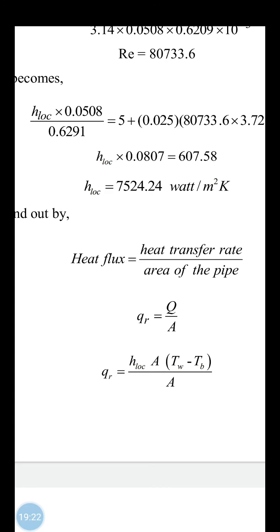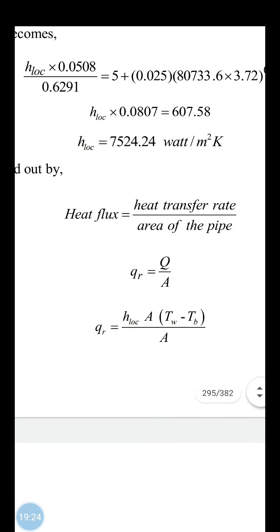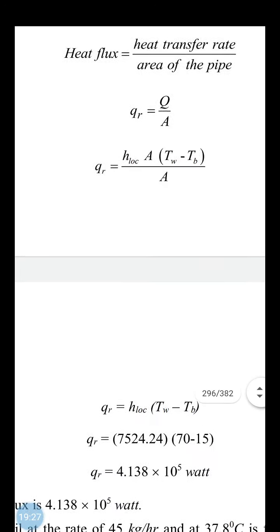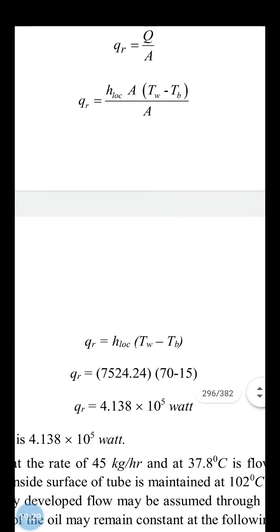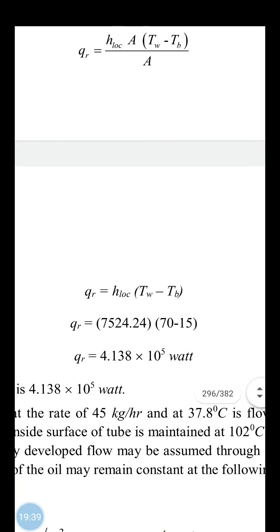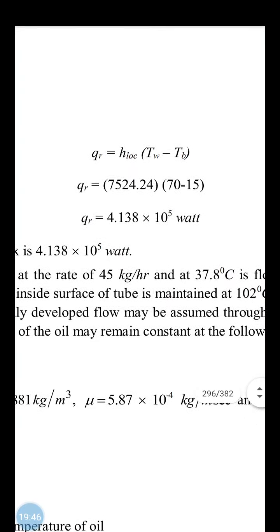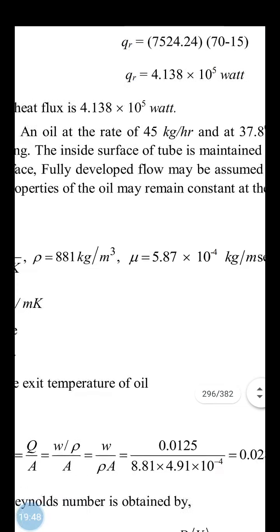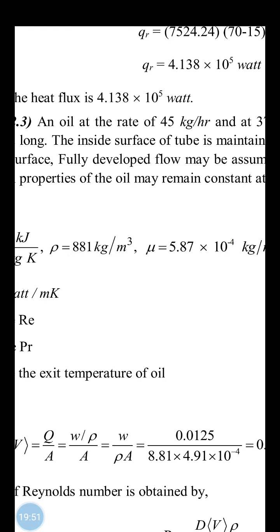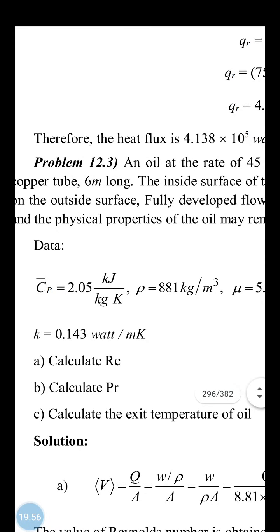So Q by A is equal to h local into A into Tw minus Tb, by A. So q becomes h local into Tw minus Tb. Putting in the wall temperature, fluid temperature and the value of h local, you can find out the rate of heat flux, which is equal to 4.138 into 10 raised to 5 watt. So this is how you can find out the value of heat flux.